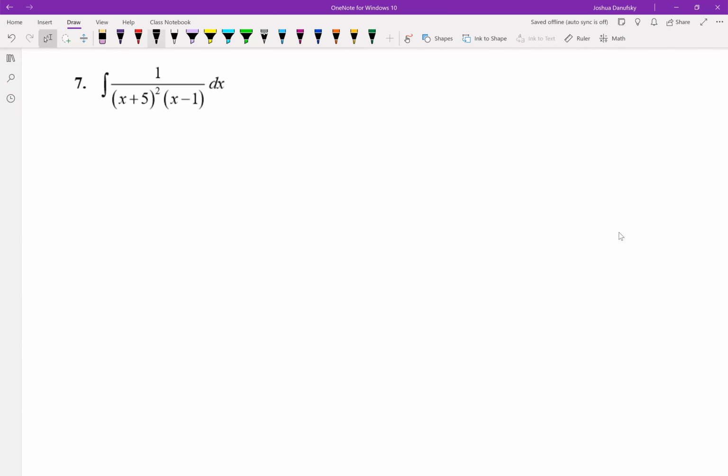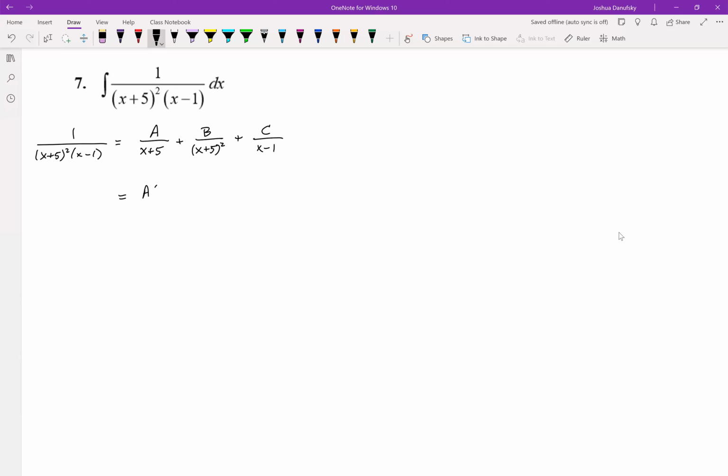In other words, we're going to take our original rational expression and rewrite it as A over x plus 5 plus B over x plus 5 quantity squared plus C over x minus 1.